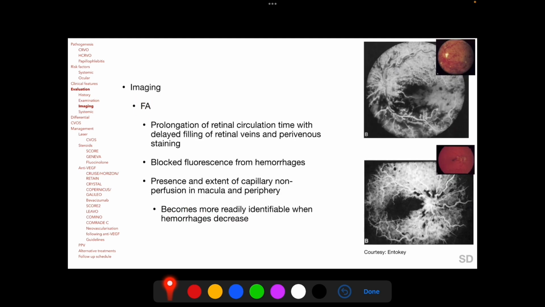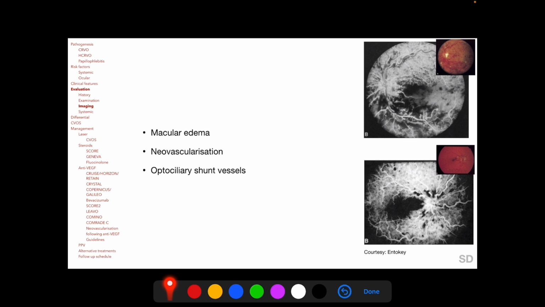Fluorescein angiography in CRVO patients shows delayed filling of retinal veins, blocked fluorescence from hemorrhages, and capillary non-perfusion, as shown here in this angiogram, both in the macula and the periphery, which becomes more readily identifiable when hemorrhages decrease. Fluorescein angiography in CRVO can also show macular edema, neovascularization, and optociliary shunt vessels.